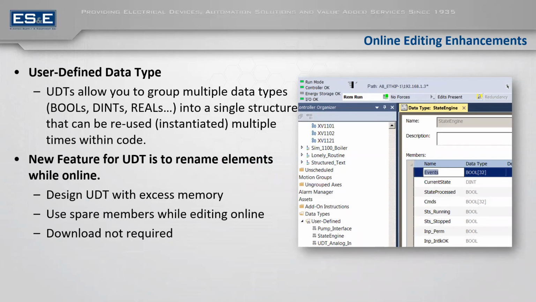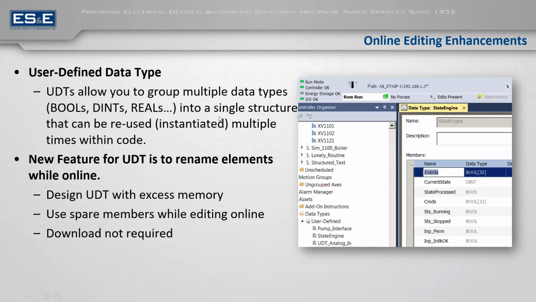So another enhancement that's also come out recently is if you have a user-defined data type and you want to change the tag name of one of the tags inside your user-defined type, you can now do that while online. Previously, you would have to delete the user-defined type along with any reference to it in order to create a new one or make changes.